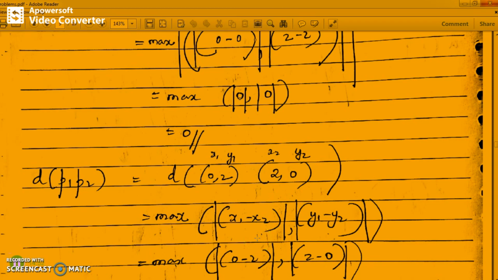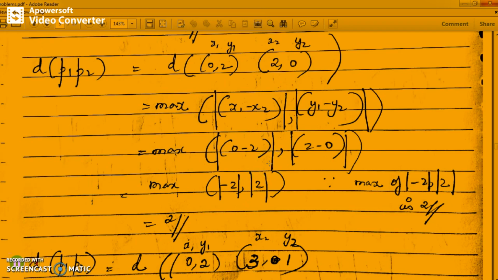The absolute value is negative here, but please don't consider the negative value at all because the distance cannot be negative. Then 2. So you calculate the maximum of 2, 2. Directly the distance is 2.